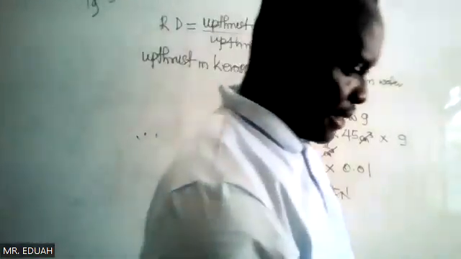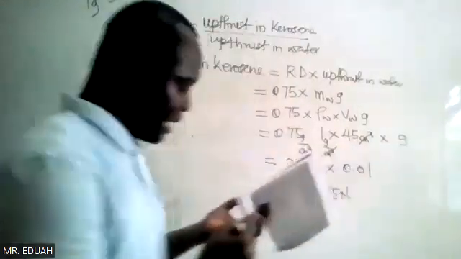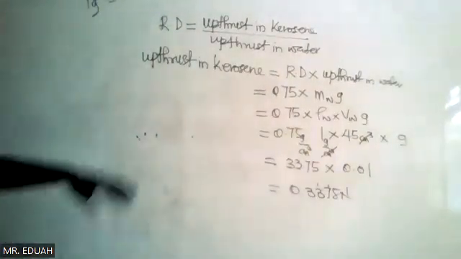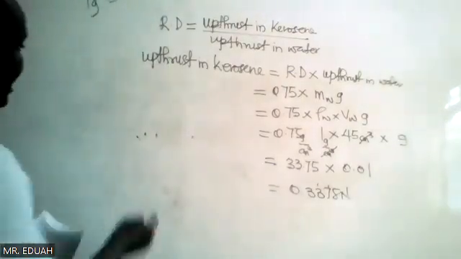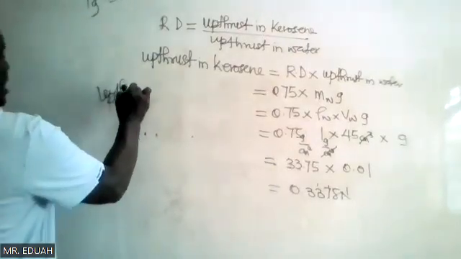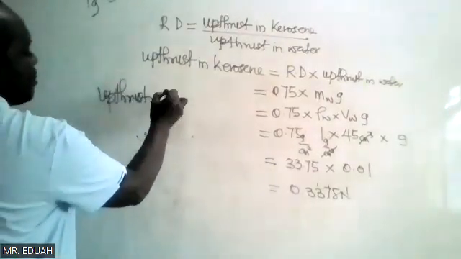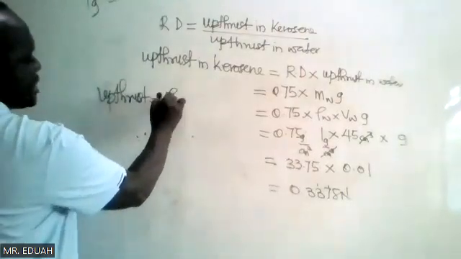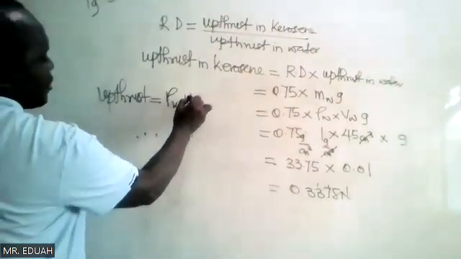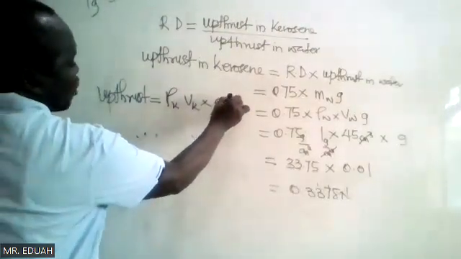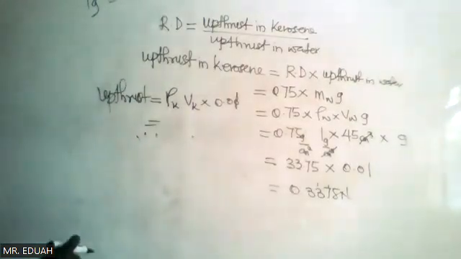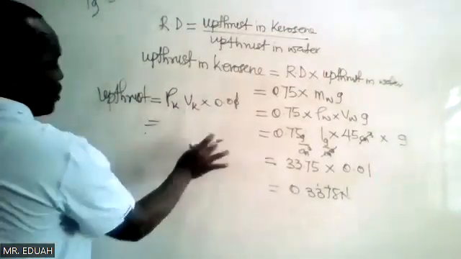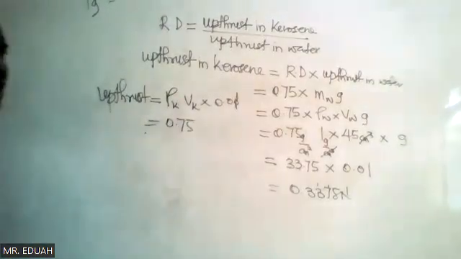Please, are you okay? So that will be the upthrust experienced by the body in the kerosene. We can do the same thing: upthrust in kerosene is also the weight of kerosene displaced, so density of kerosene times volume of kerosene times gravity. The density of kerosene is equal to 0.75 gram per cm cubed because this is the relative density.